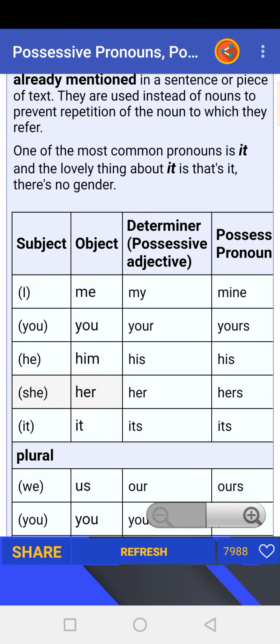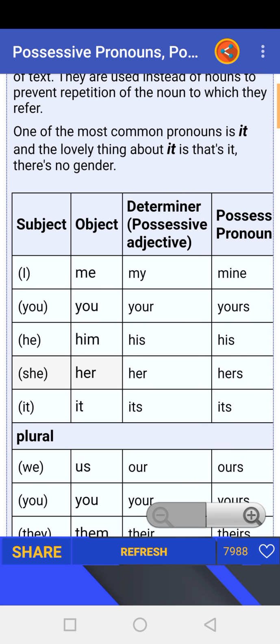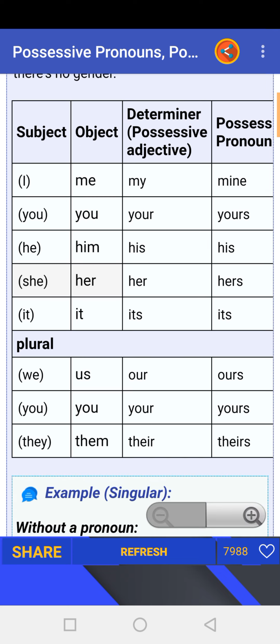One of the most common pronouns is it, and the lovely thing about it is that there's no gender. So here, as we all know, it is the third person singular and it has no gender. So that is clear.